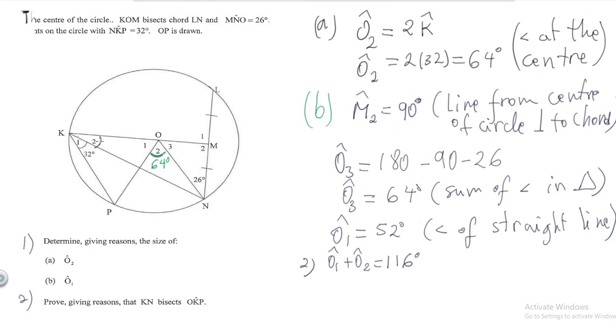ON is a radius, meaning these two sides are equal. So this is an isosceles triangle, meaning that the angle ONK and the angle OKN should be equal.